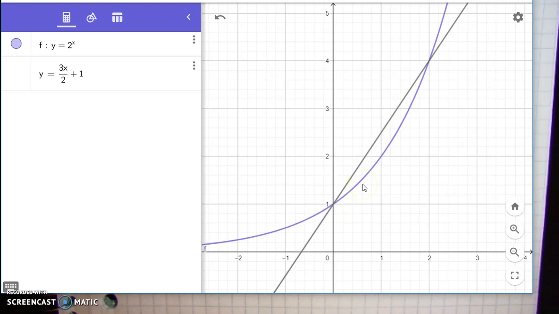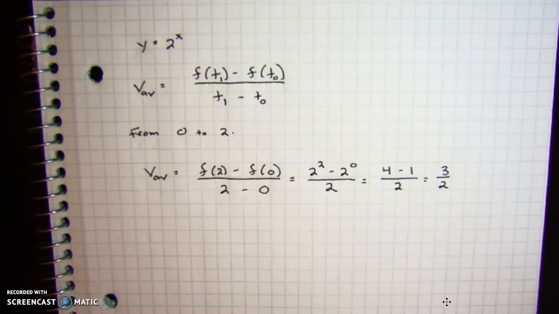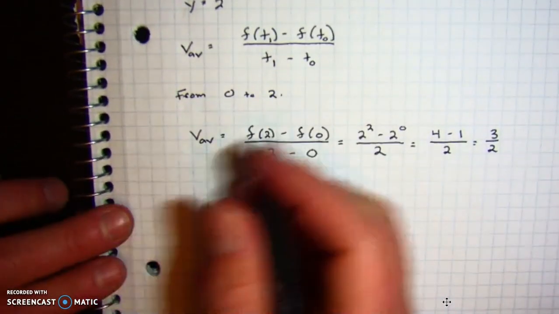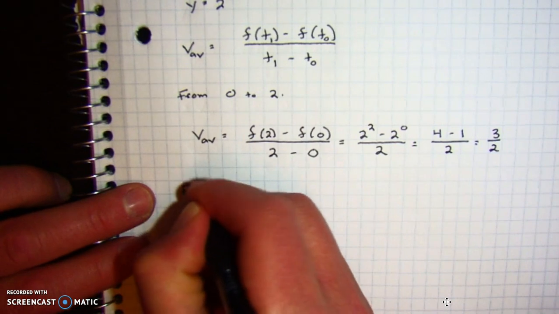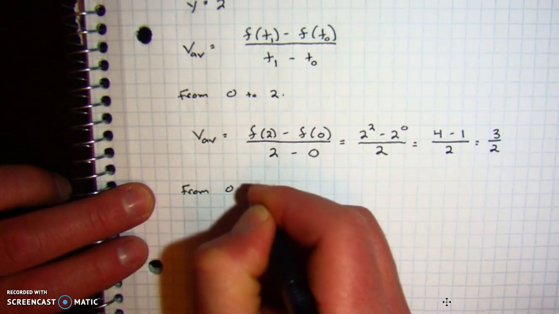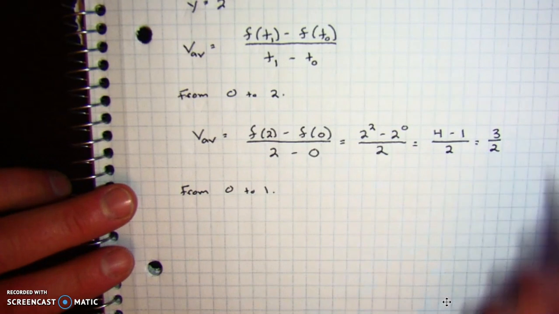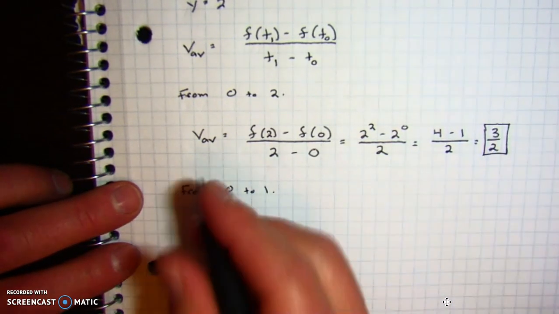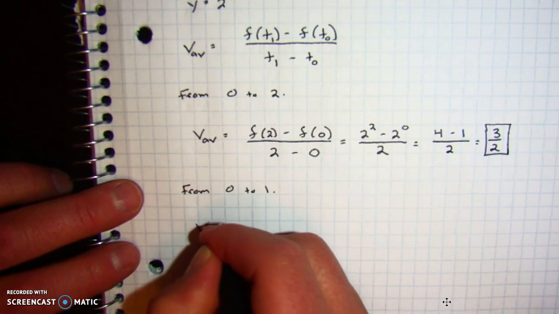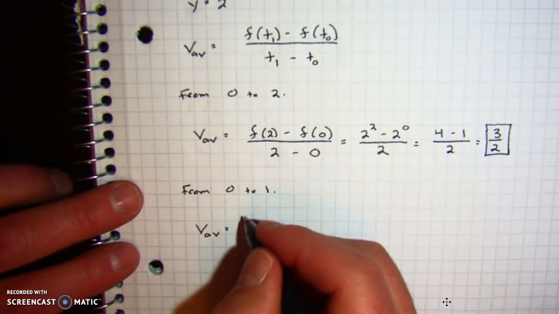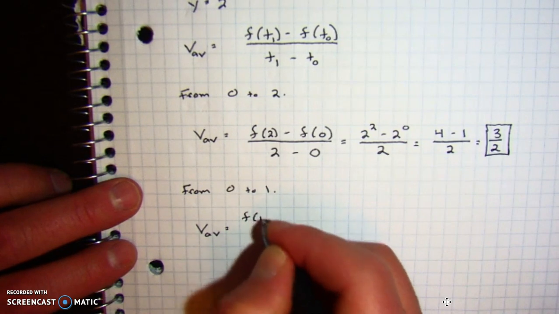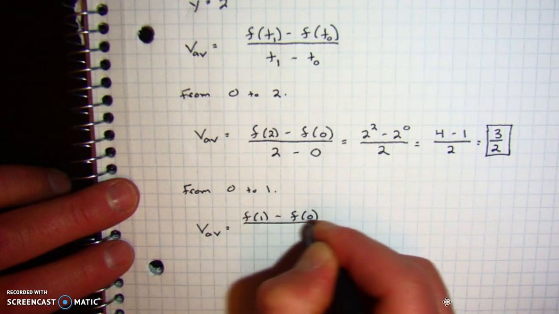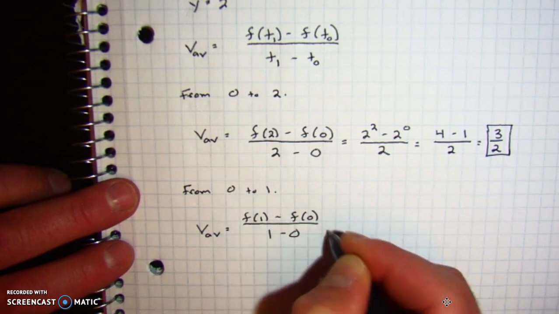So let's move this in a little bit. Let's say we want to take it instead of 0 to 2, let's say we want to go from 0 to 1. Okay, so we had 3 halves before. So let's do it. V average equals our function at 1 minus the function at 0 all over 1 minus 0.